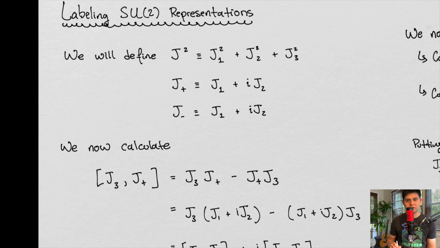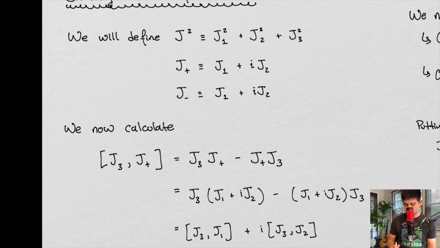J3 is going to help us raise and lower things. So we're just going to use the first two generators. This is somewhat of an arbitrary choice. We could use J2 to raise and lower things, or we could use J1. The mathematics is still going to play out the same. For our sake, we're isolating J3 here, and we're going to use it to calculate a few things.